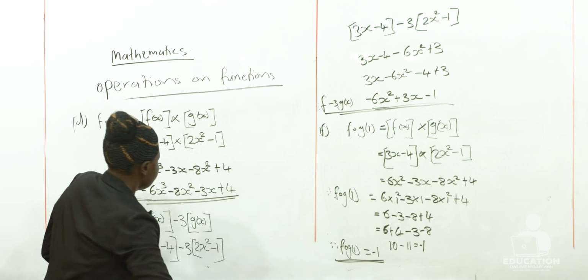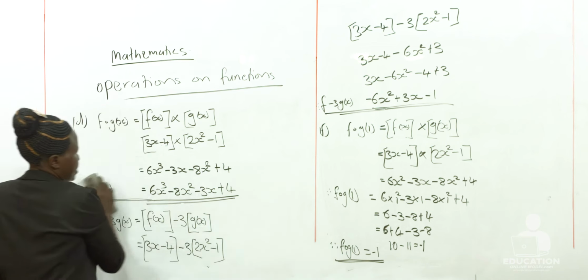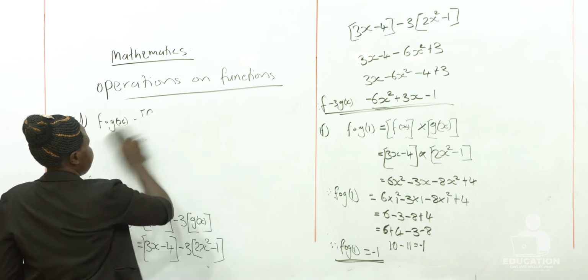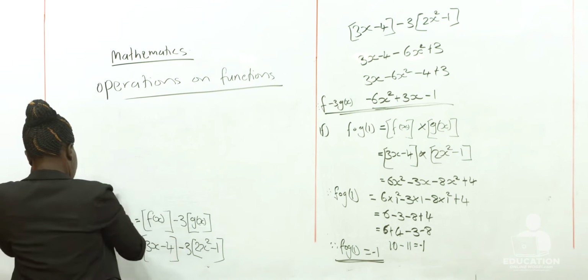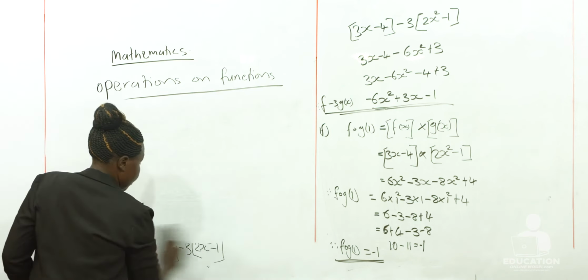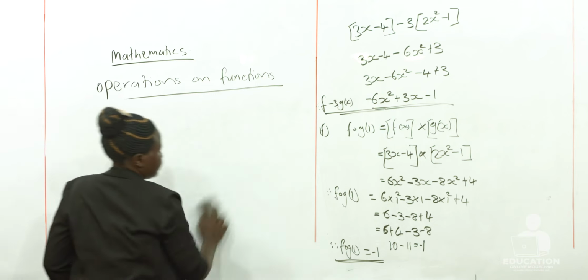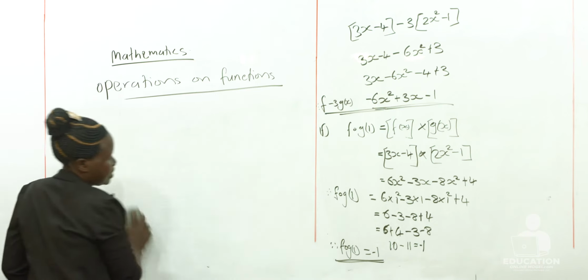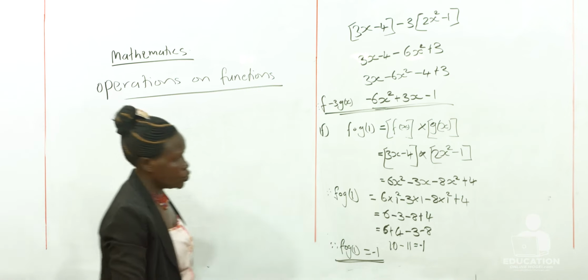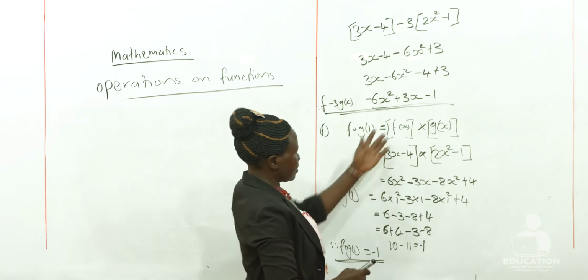With this, my dear learners, I think you have picked something on operations of functions. So with the operations of functions, what you need to identify is which operations they have given you, and what you do if the operations are given.